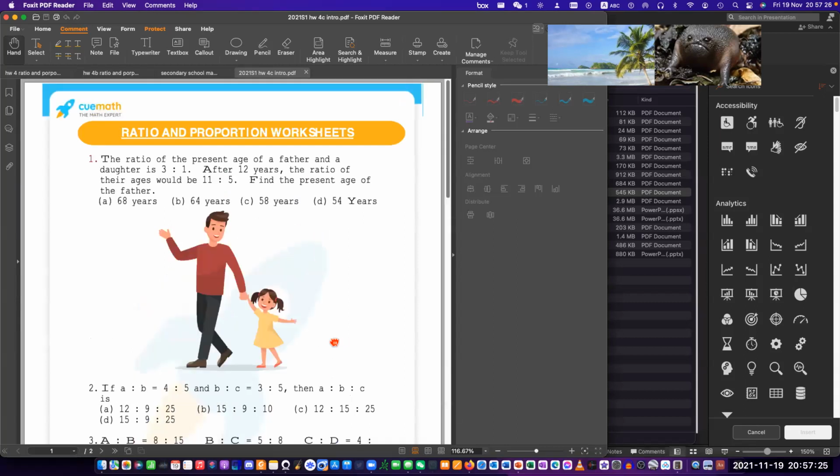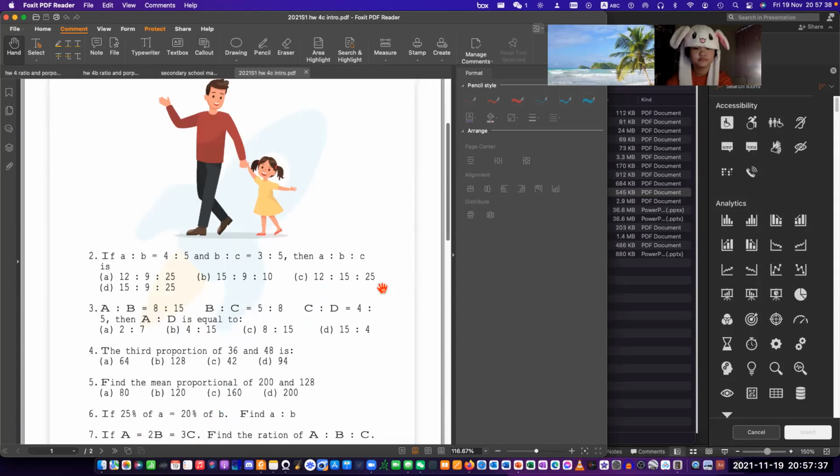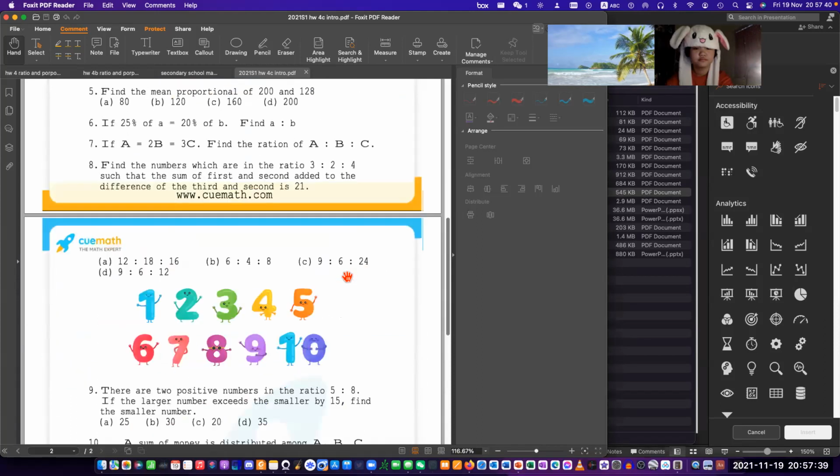The real stuff is 4C. Please do 4C with workings. And of course, if you manage to finish 4C, I will put 5 in the folder.